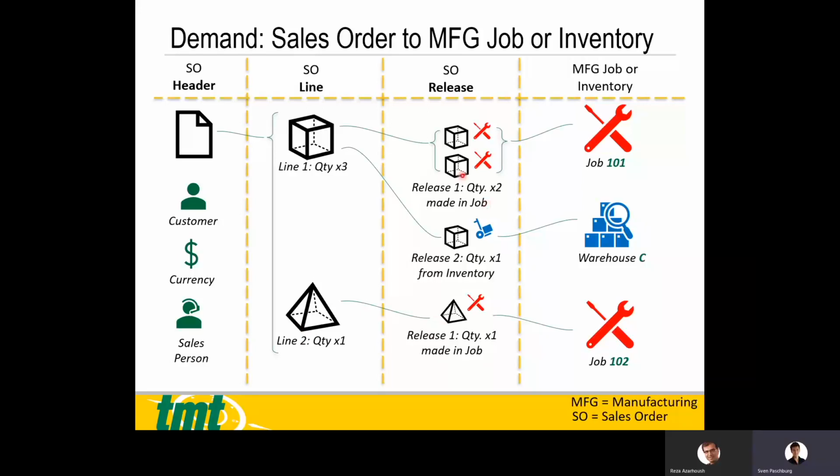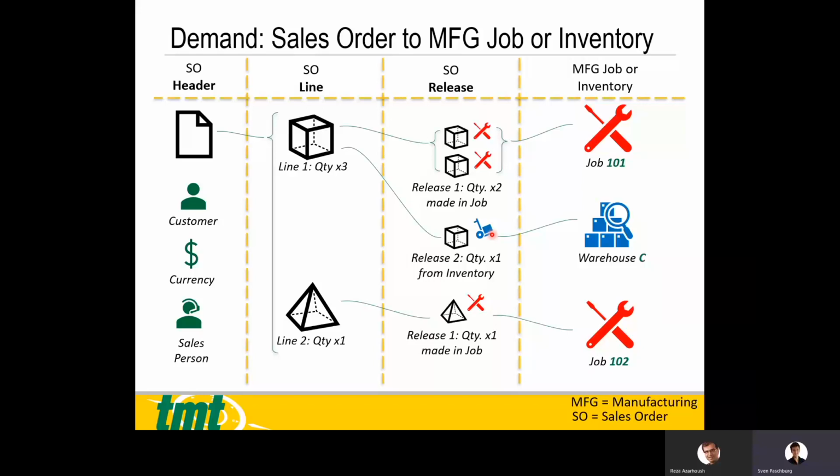In the more complex scenario, you may have line 1, quantity of 3 items, release 1, quantity of 2 required by being made in the job 101, and 1 required because we have it on the shelf. So we're going to pull 1 from the shelf, we're short of 2, so we're going to make 2 more in the job.